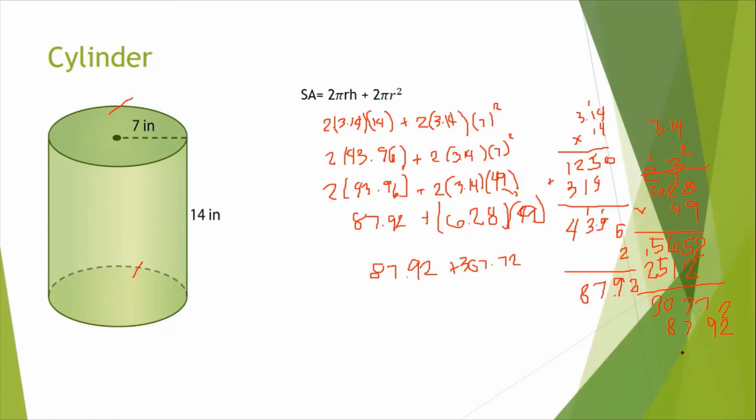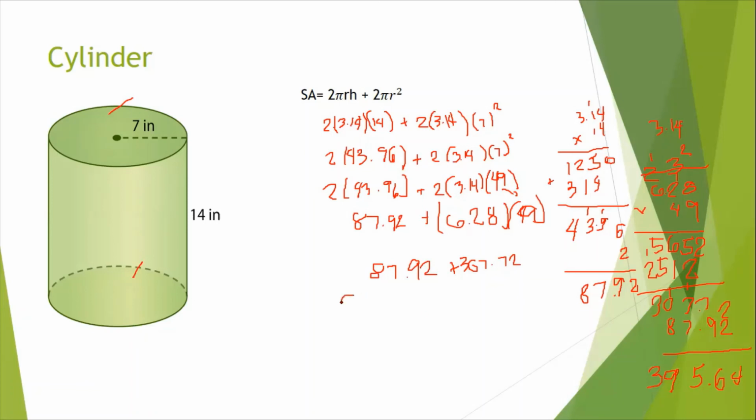Let's now add 2 plus 2, 4. 9 plus 7, 16. Carry 1. 7, 14, 15. Carry 1. 9 and 3. Okay, so this is our decimal point.